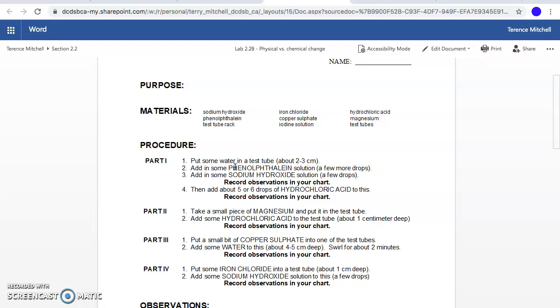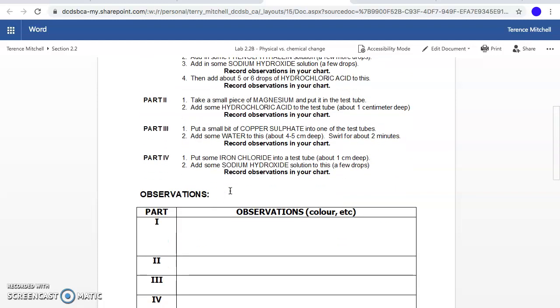And phenolphthalein, once again, it's a clear, colorless liquid as well. So you're going to record those observations. And then the second part of this is hydrochloric acid is going to get introduced to your previous test tube, and another change should take place. So you're going to record that as well.